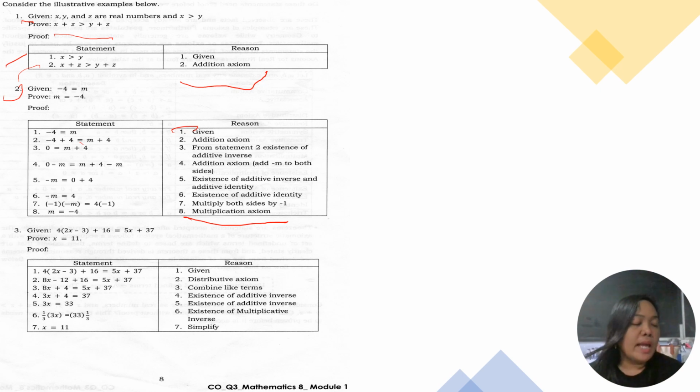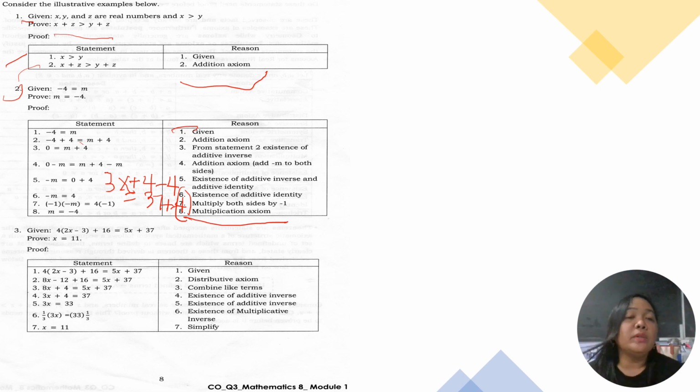Then we can have 3x plus 4 minus 4 is equal to 37 plus negative 4. Alright? Then, for statement number 5, we have now 3x, 4 plus negative 4.